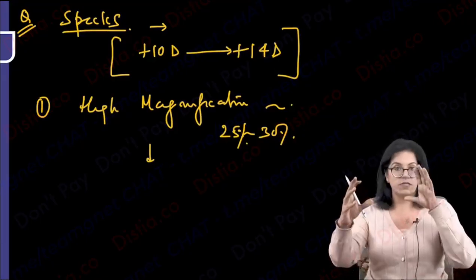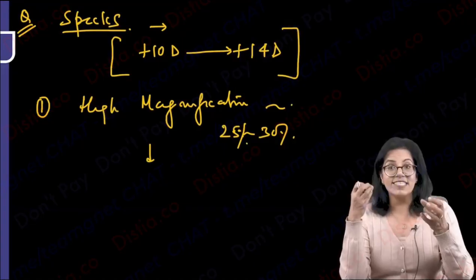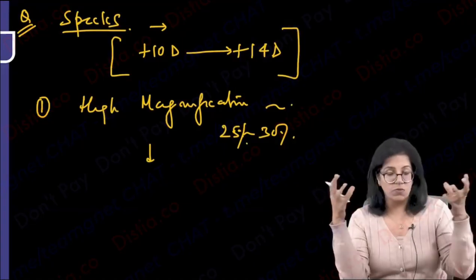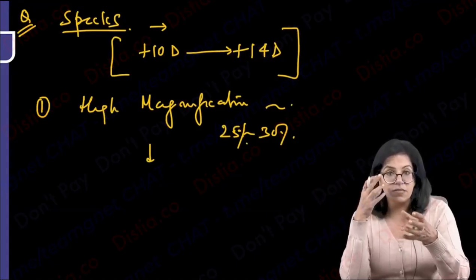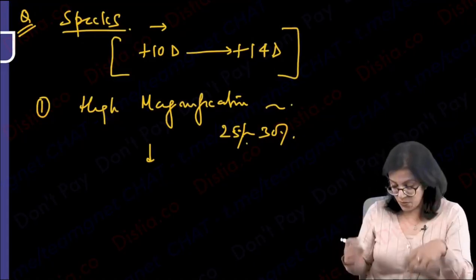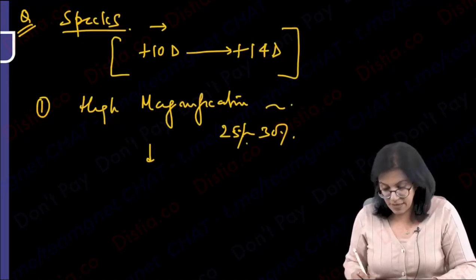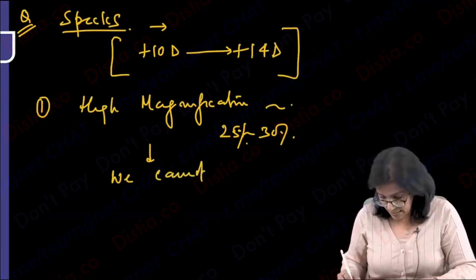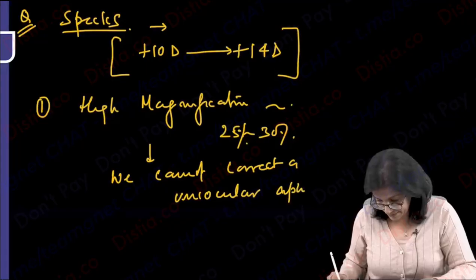And how much difference can I actually tolerate? Only 5%. And this is such a high difference. The two eyes cannot really be together now. So what happens? Double image, diplopia. Right? So note down that high magnification, and because of this high magnification you have to write, we cannot correct a uniocular aphakia with specs.